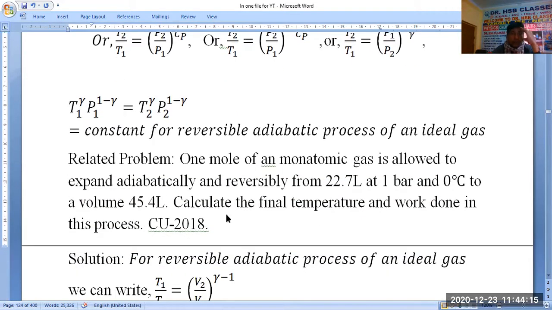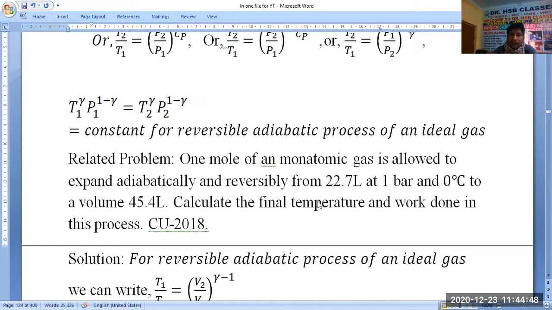This is a university question from 2018. The question was: 1 mole of a monatomic gas is allowed to expand adiabatically and reversibly from 22.7 liter at 1 bar and 0 degree centigrade to a volume of 45.5 liter.